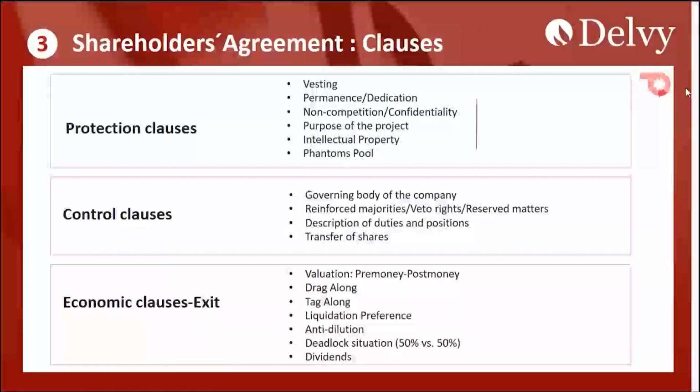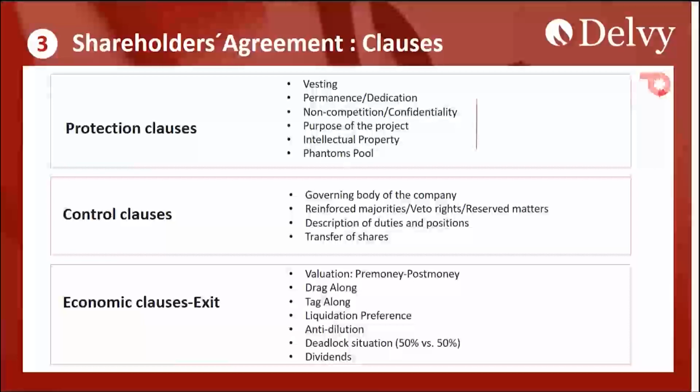Okay, so I'm going to follow with the economic clauses that we will have in a shareholders agreement within the funding round and the investment agreement, which are the drag along clauses and tag along clauses.